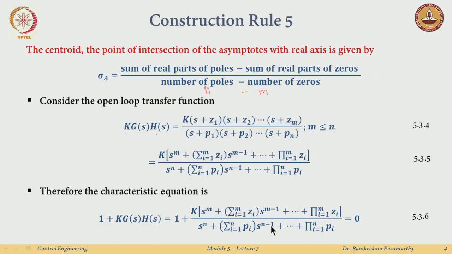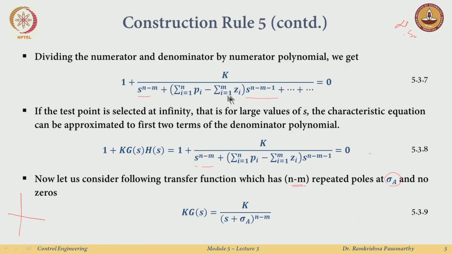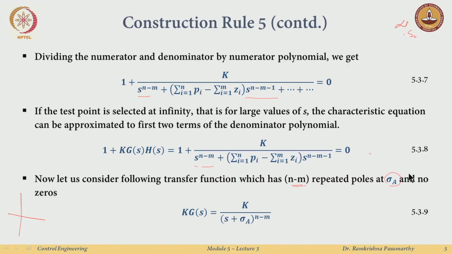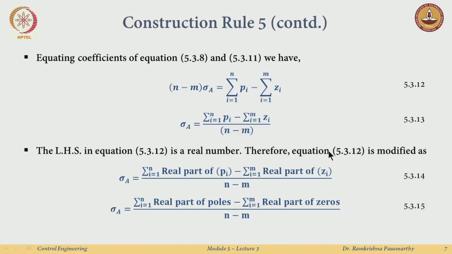I approximated my characteristic equation. I just did this, right. So, this was gone. Okay. So, this in a way is the denominator of 5.3.11 and these are the same. Okay. If I just equate this, what I would get is something like this, n minus m times sigma a is this guy. Okay. Now, what is sigma a in the general case?